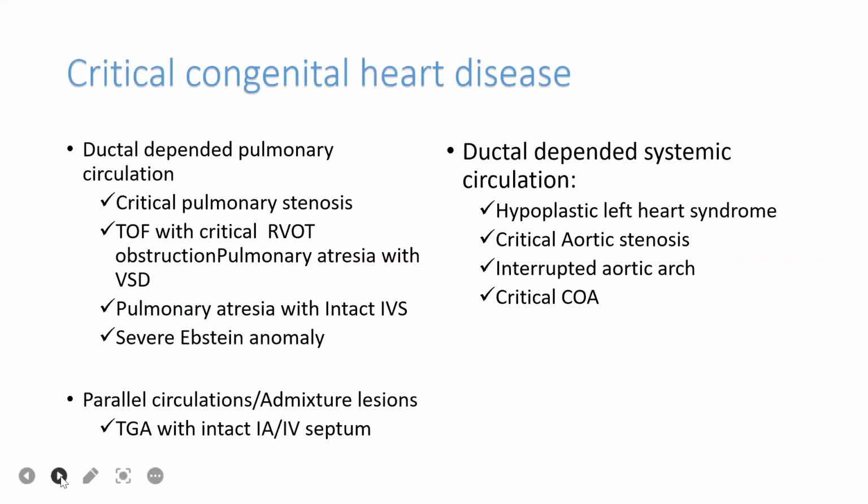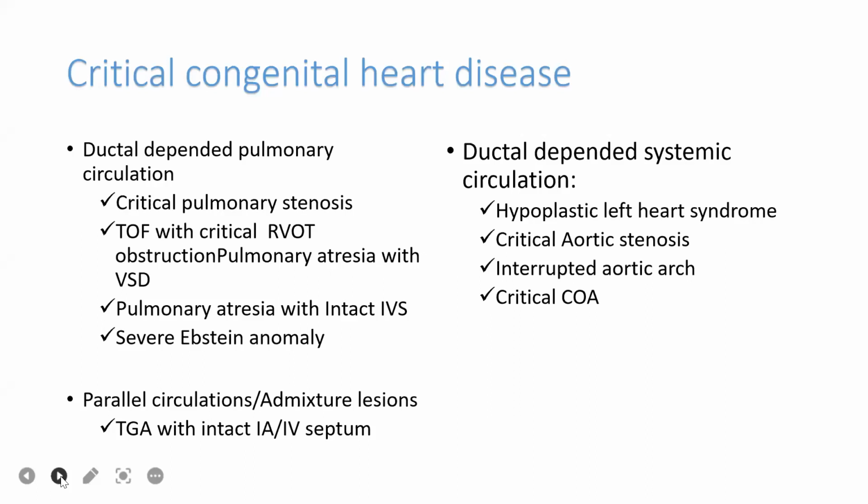So when you look at these ductal-dependent lesions, we look at them in three categories. One is duct-dependent pulmonary circulation, conditions in which this ductus is key to ensure there is continuous circulation into the pulmonary vessels, and therefore perfusion into the lungs.